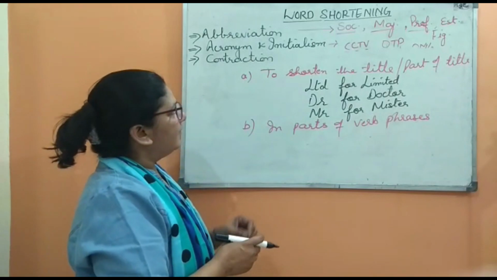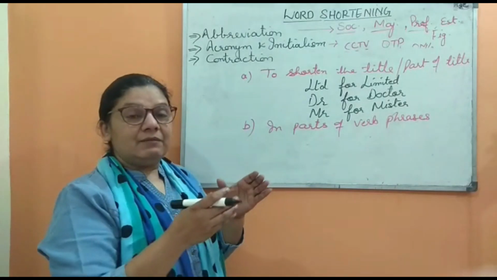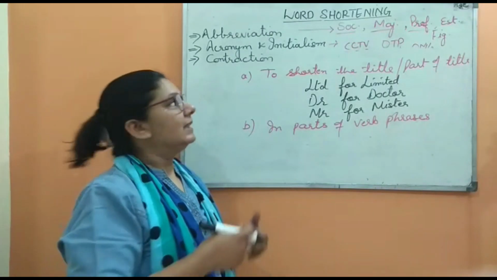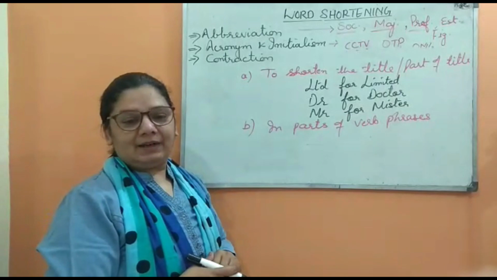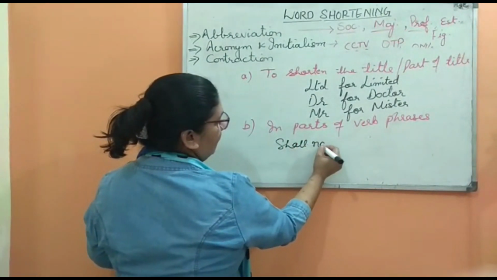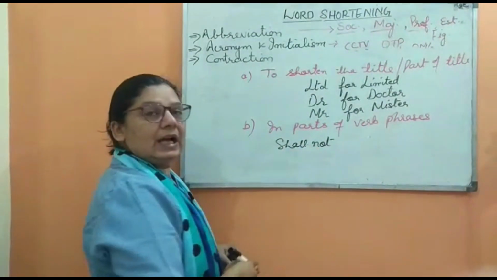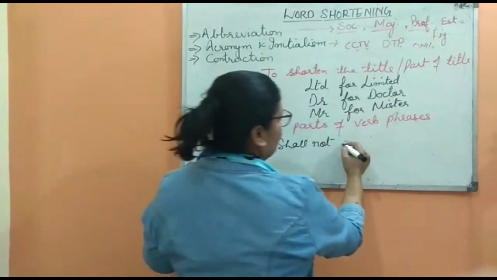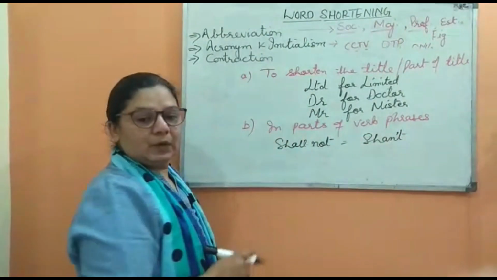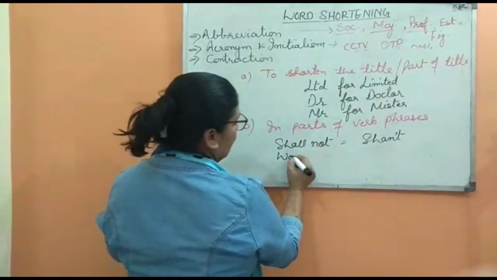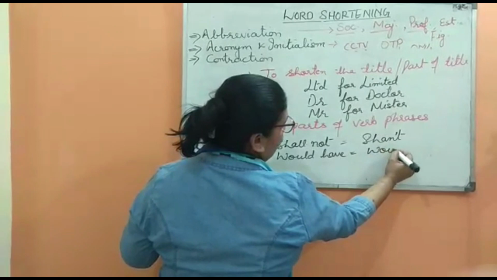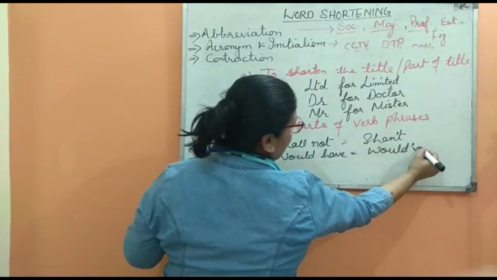When verb phrases are shortened, when we take out or omit some of the letters, that becomes the contracted form. For example, I have this verb phrase, shall not. I am deleting some of the letters and contracting it, it becomes shan't. Another example, I have a verb phrase, would have, and I'm contracting it, it has become would've.